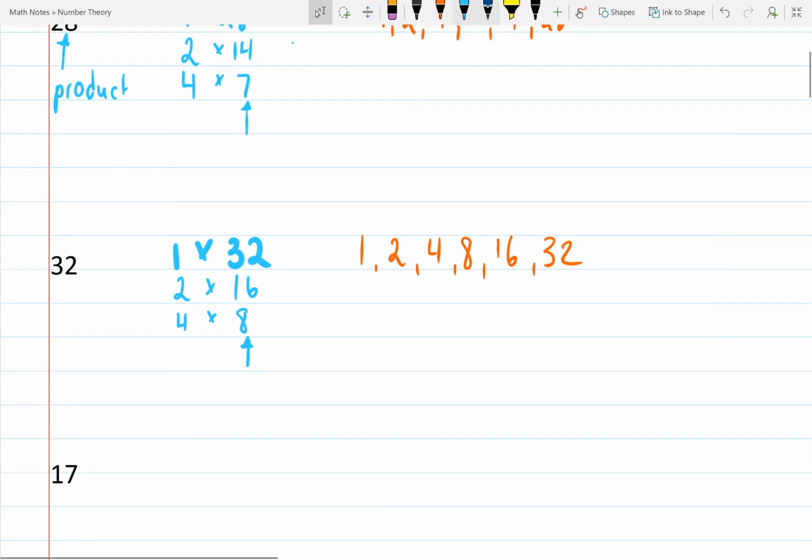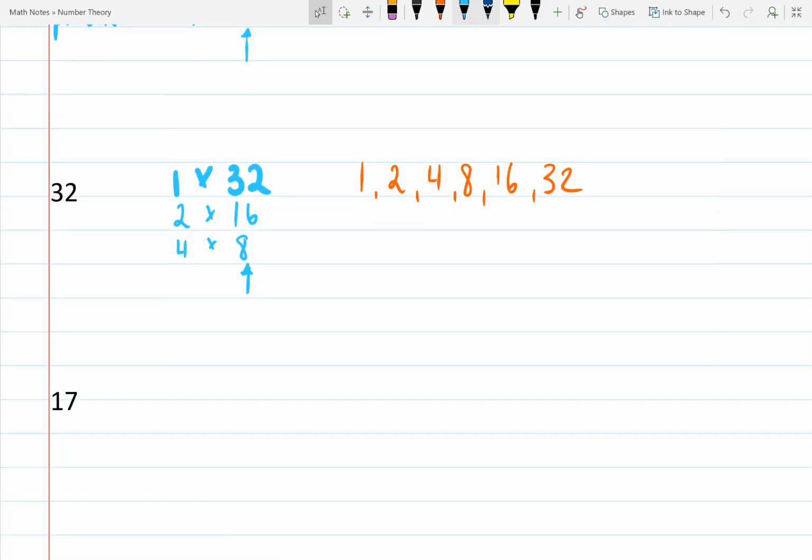Going down, we can check once again whether or not a number is a prime or composite number. Now remember, a prime number only has 2 factors, 1 and itself. If a number has more than 2 factors, that is a composite number. Let's go again and start at 1.